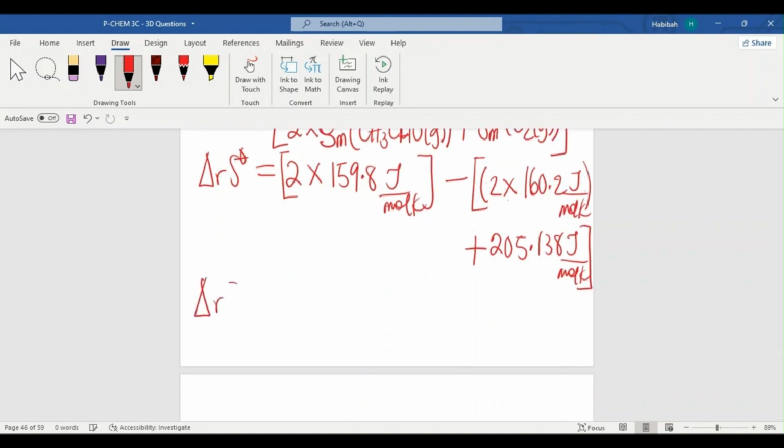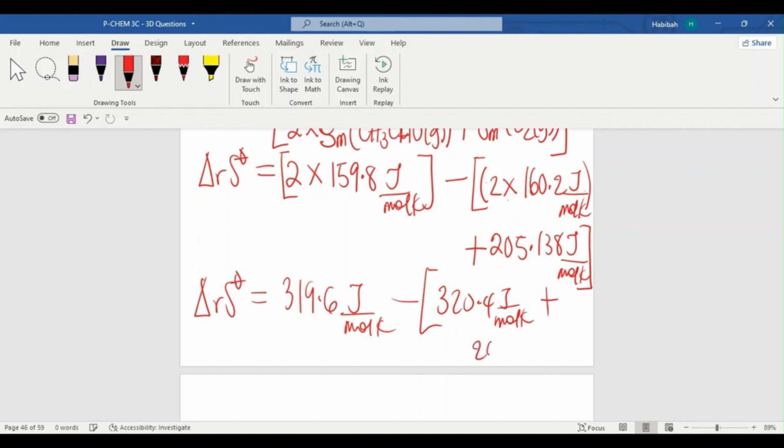So 2 times 159.8 is simply 319.6 joule per mole Kelvin, minus 2 times 160.2, which is 320.4 joule per mole Kelvin, plus 205.138 joule per mole Kelvin.